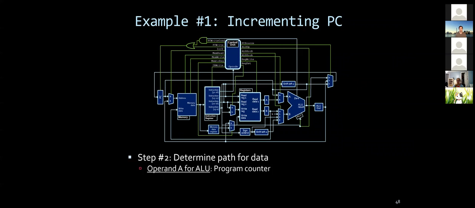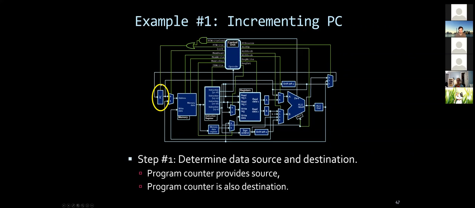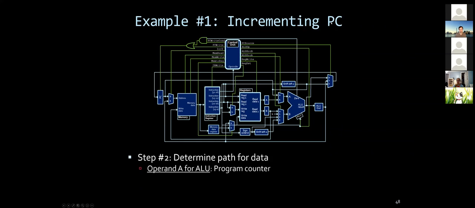We need to get operand A for the ALU, the program counter. First, I found my input, the PC. If I want to increment the PC, I need to take the PC first. Then I found where it goes, the program counter, and I know I need to ship this PC to the ALU. So this is my datapath to get there, right?